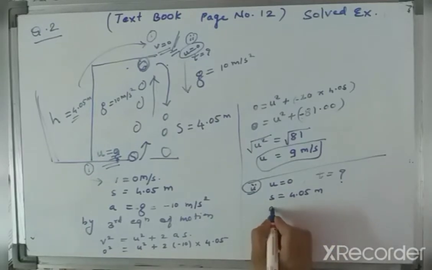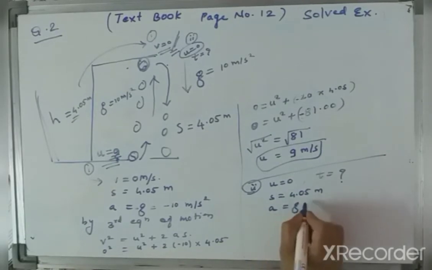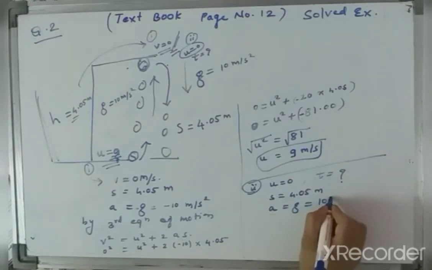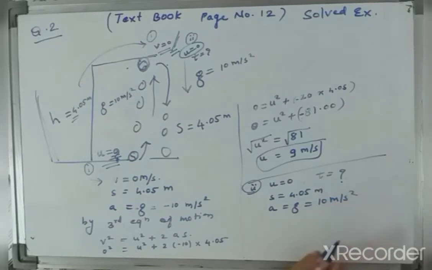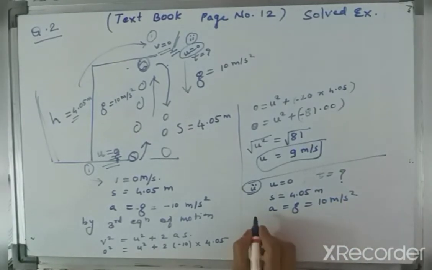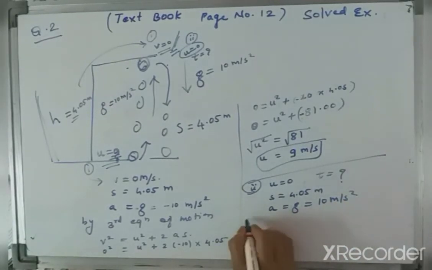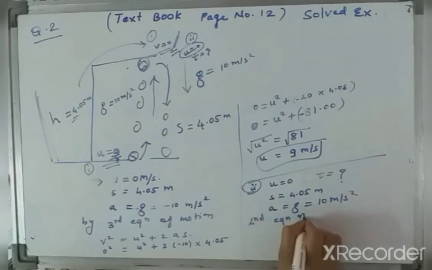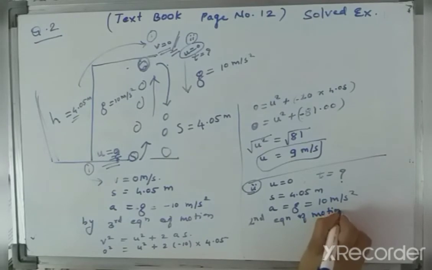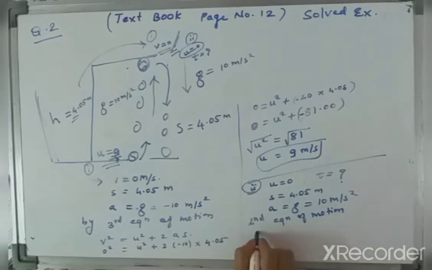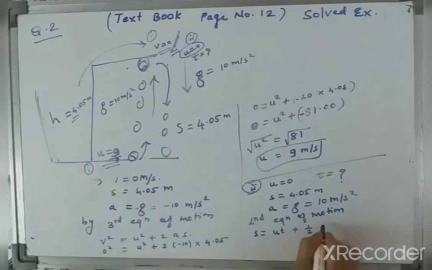So here the value of acceleration, that is g, is not negative. It is positive 10 meter per second square. So we have to use here the second equation of motion. By the second equation of motion, S is equal to ut plus 1 upon 2 at square.